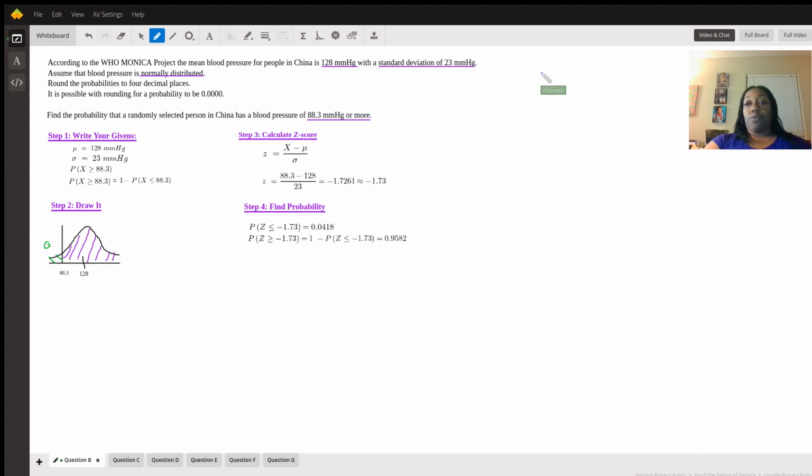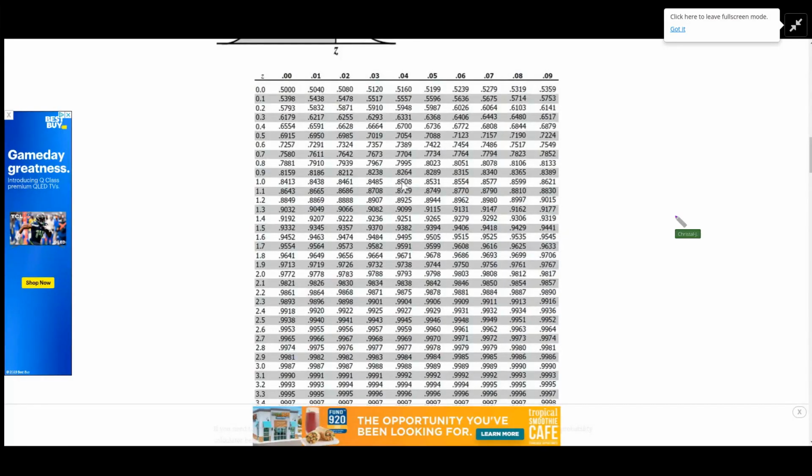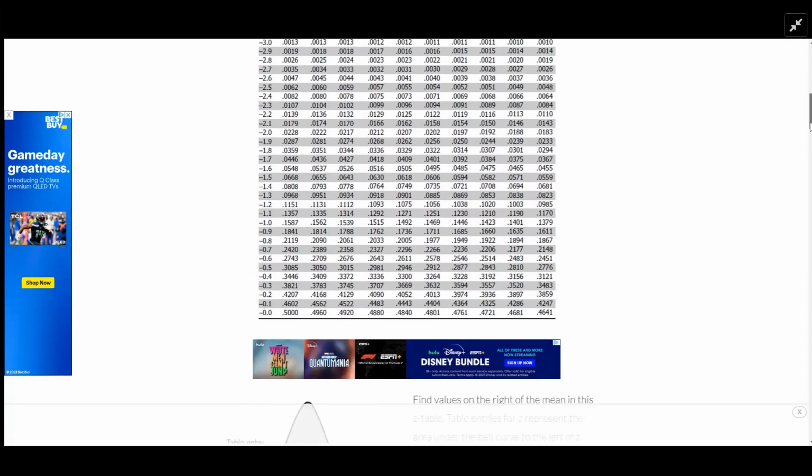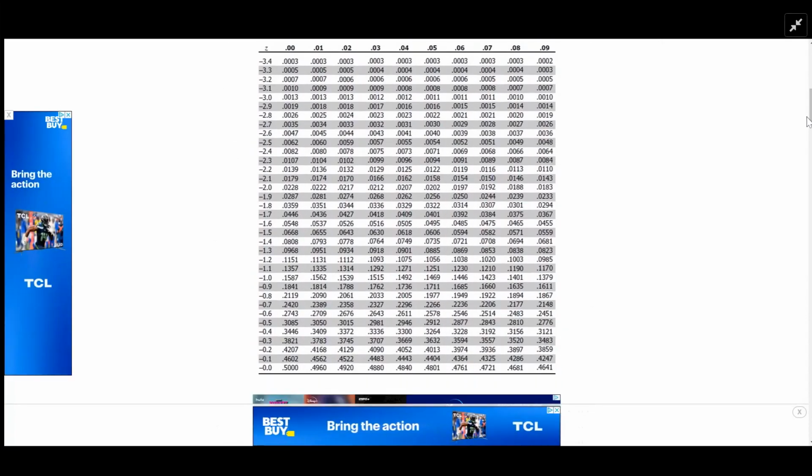Now, if we go to the z-table chart, we end up seeing that negative 1.73. Going to a z-table chart is similar to going to a football game. We have our section, which would be the negative number, so that negative 1. Then we have our row, which is that negative 1.7.